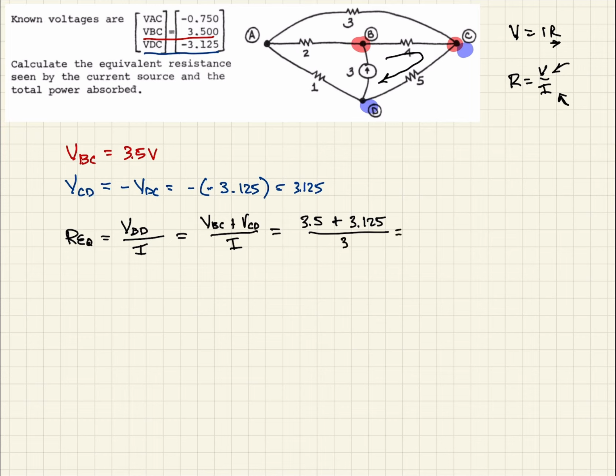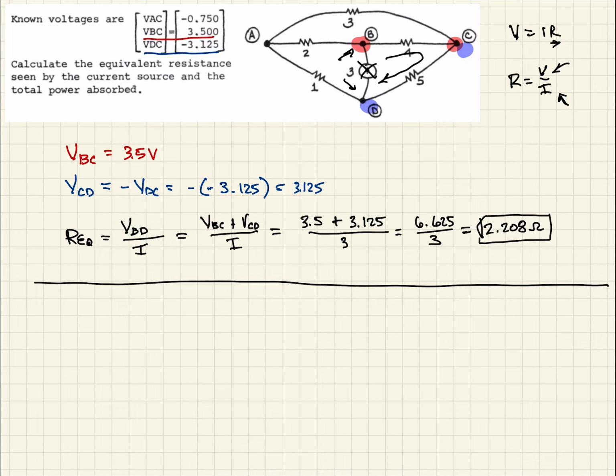And so then that will give us 6.625 over 3, which means our equivalent resistance is, if we plug that in the calculator, we should get 2.208 ohms. So again, if we were to take the current source out and put our probes at these 2 nodes and measure, we should measure 2.208 ohms.